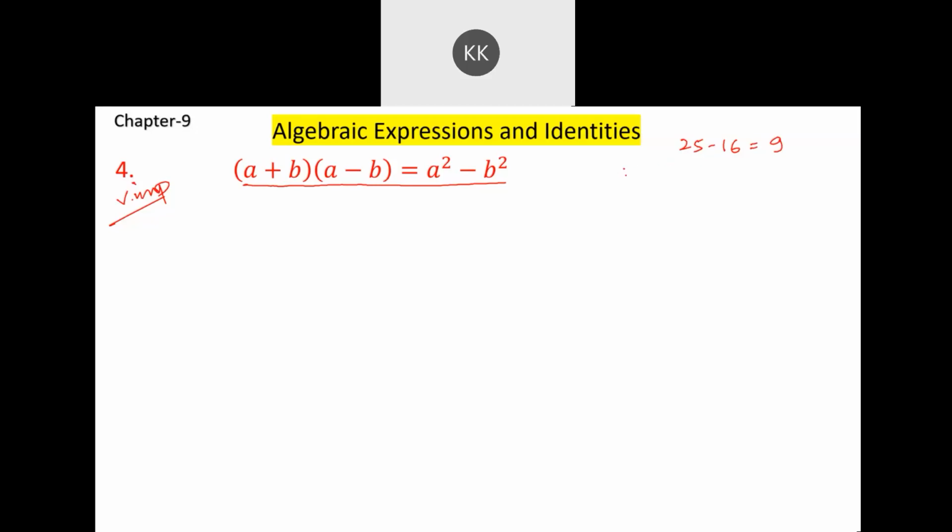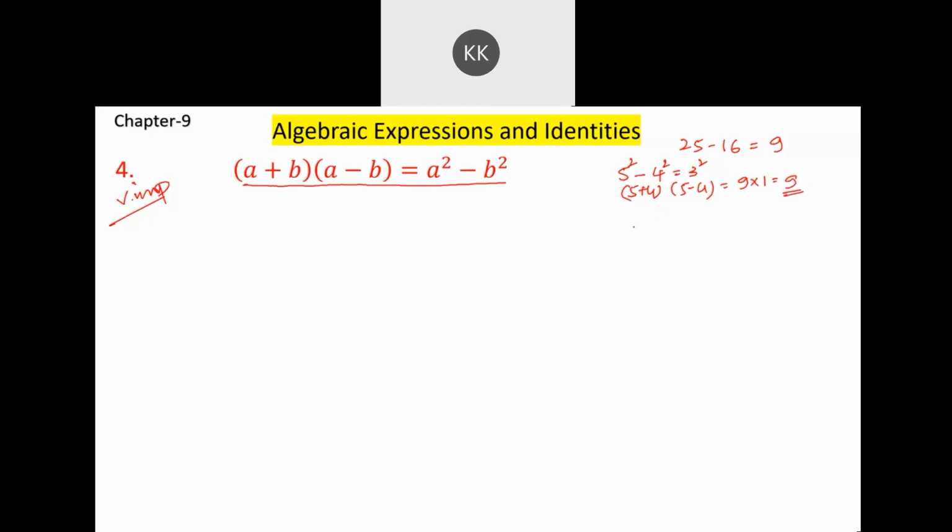That is 5 square minus 4 square is 3 square. If you do this, 5 plus 4 into 5 minus 4, 5 plus 4 is 9, 5 minus 4 is 1, we get 9. This is a simple one.